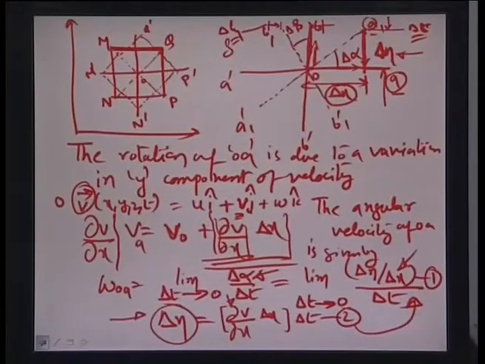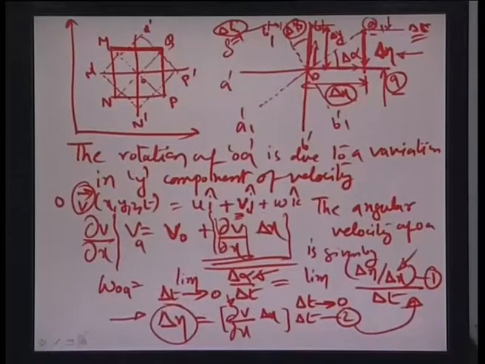It has become too crowded here, but you can say that from here to here this distance is delta y. And you can also say that this distance is delta zeta as we have indicated, and the angle moved is delta beta.